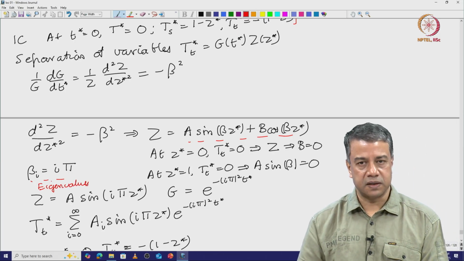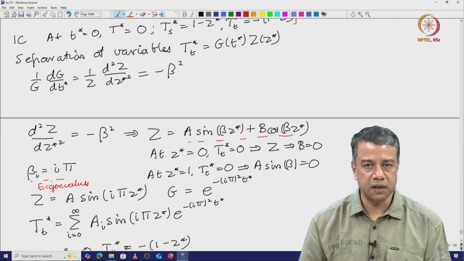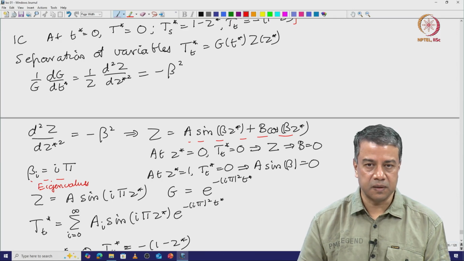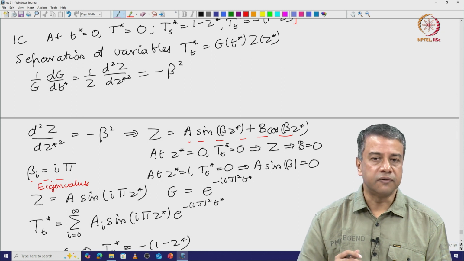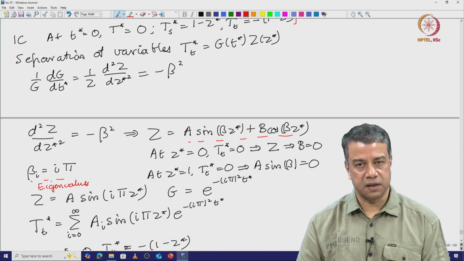These were discrete. You had discrete sets of parameters beta for which both the boundary conditions were satisfied. So, these eigenvalues were discrete because we had homogeneous boundary conditions on both surfaces. If you do not have homogeneous boundary conditions, then you cannot get discrete eigenvalues.